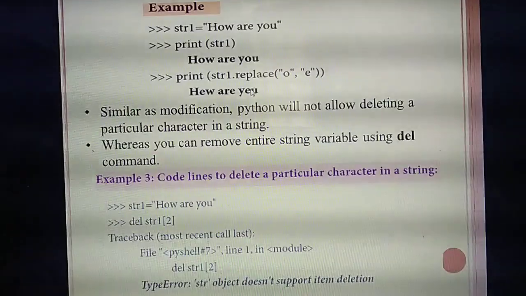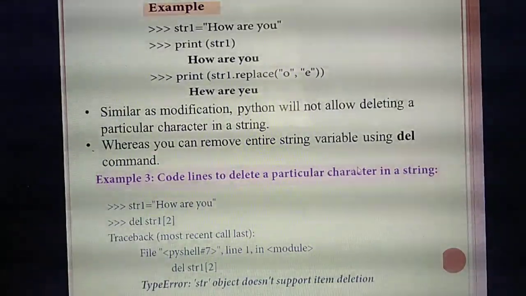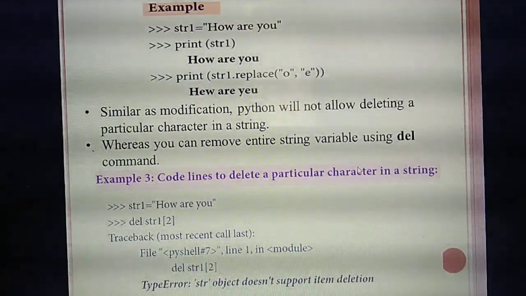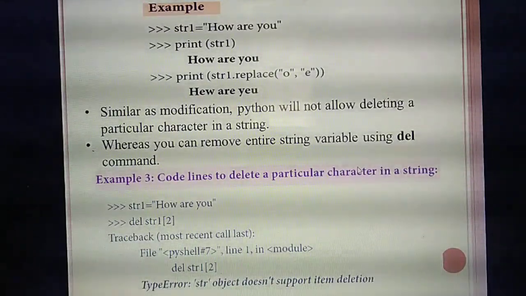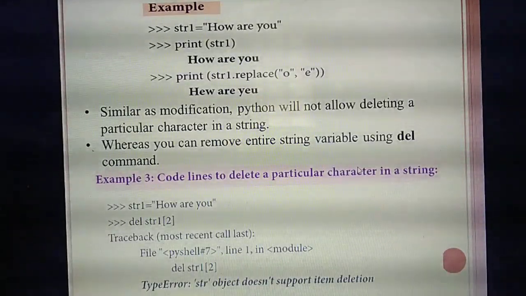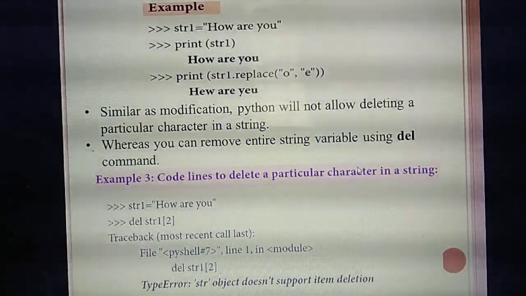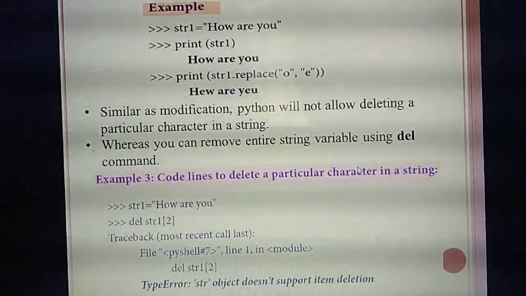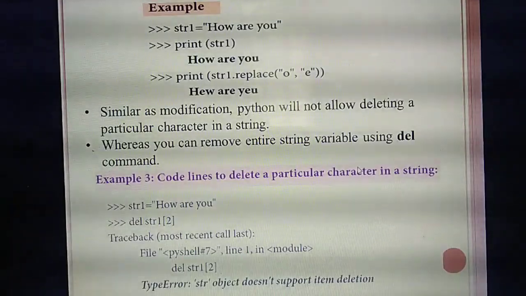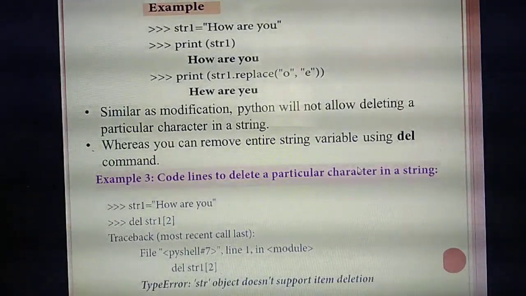Next, you can't remove each character of a string, but you can delete the entire string using the del command. You can't delete a particular letter in a sentence, but you can delete the entire string using del.